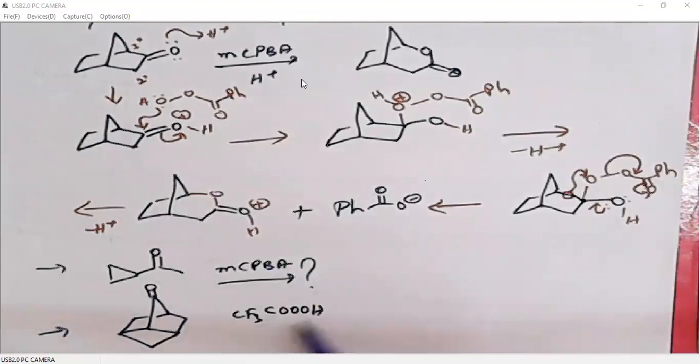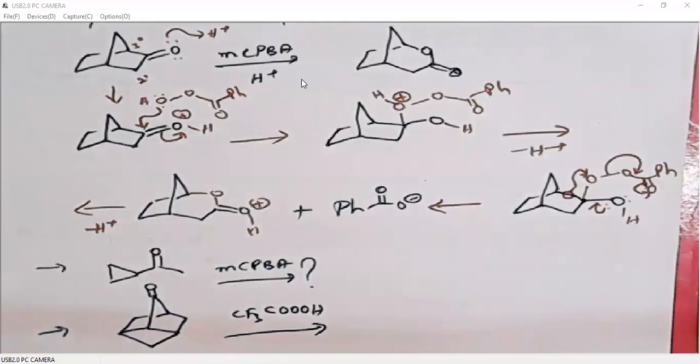We can also use trifluoroperacetic acid because it is the strongest oxidizing agent among peroxides or peracids. So what could be the product here? Again, it is symmetrical. Though it looks like a symmetrical ketone, this carbon migrates over this carbon.